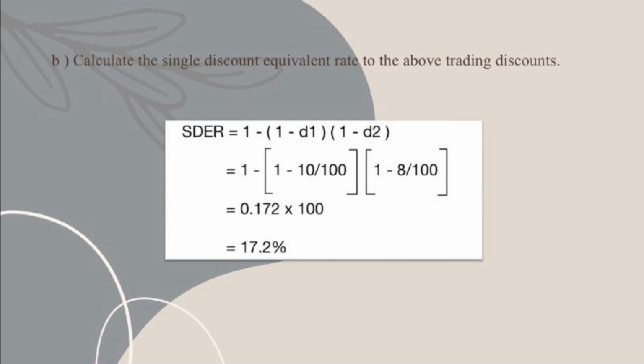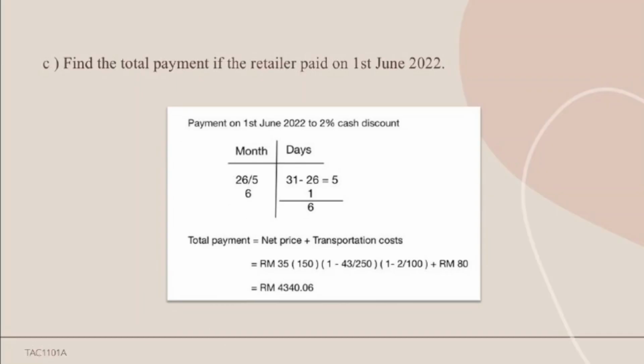So next, 1 minus in bracket 9 over 10 times in bracket 23 over 25. So we get 0.172. We need to times with 100, so we get in percent, which is 17.2%.